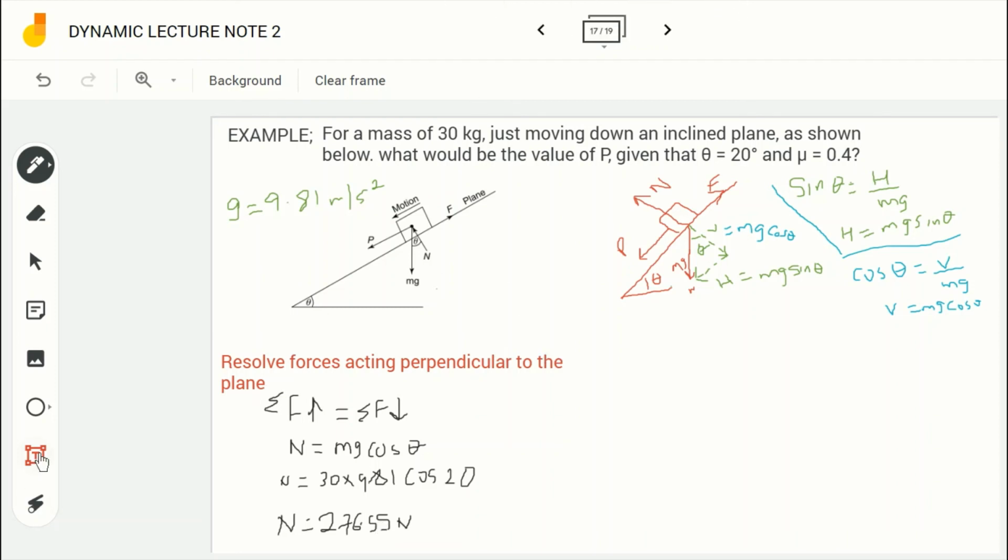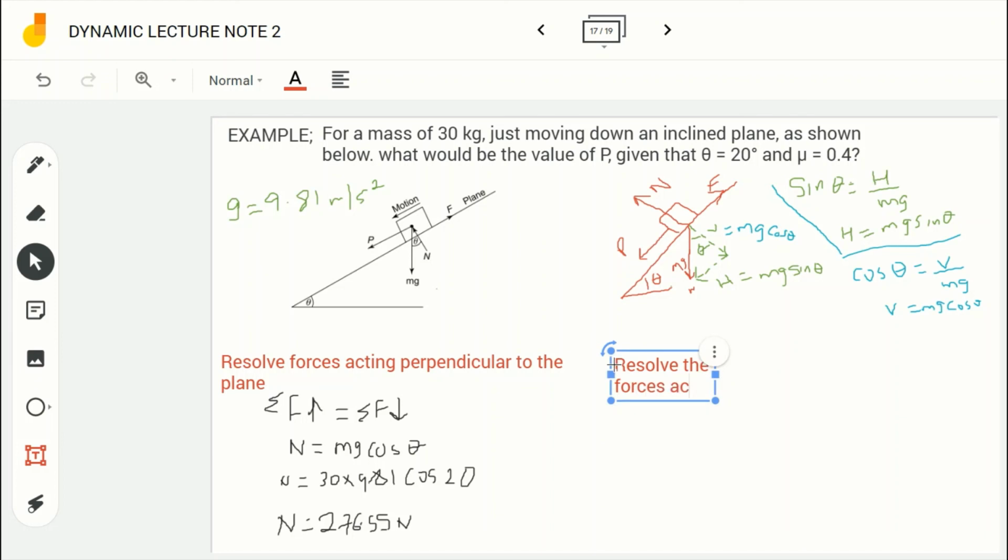The next thing we do is to find the forces acting parallel to the plane.